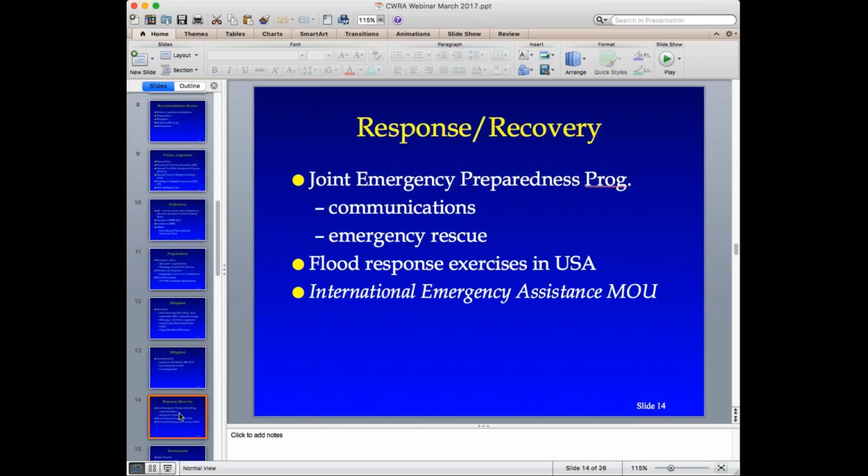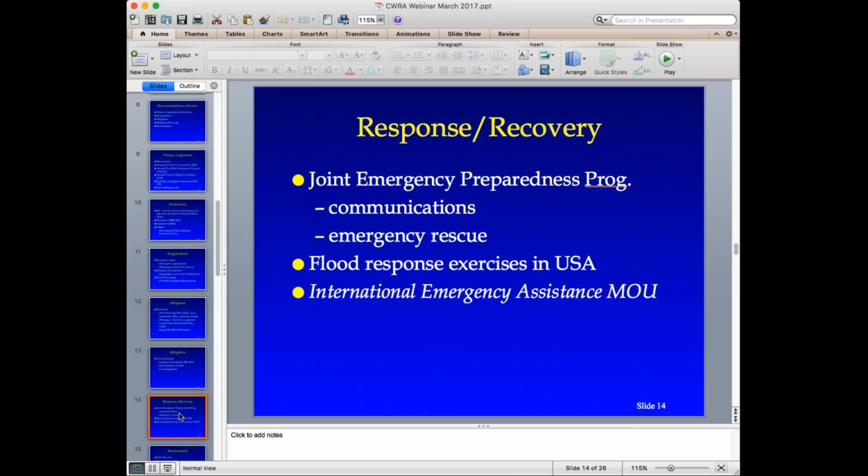In terms of response recovery, the main efforts there in Canada related to what's known as JEP, the Joint Emergency Preparedness Program, operated by the federal government and the provincial government, and the effort was put into flood communications and emergency rescue.